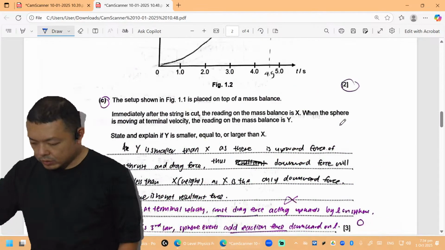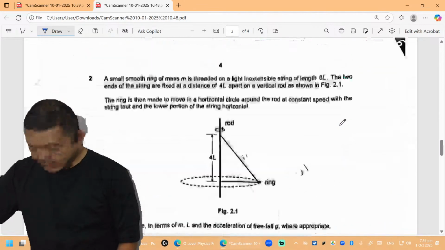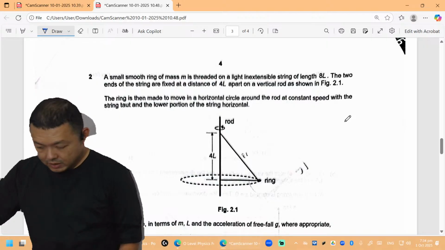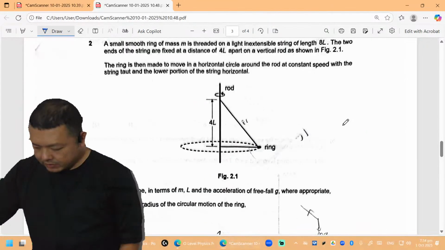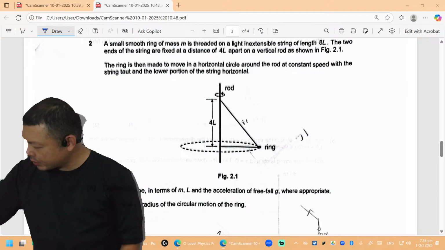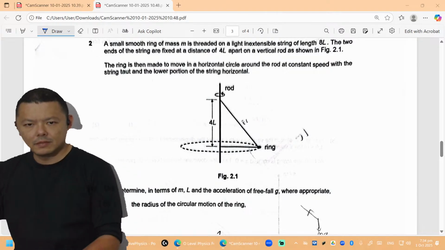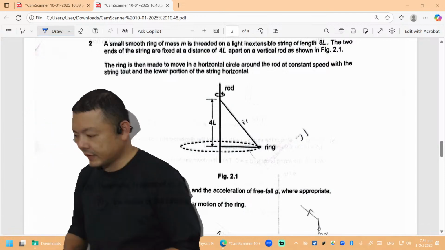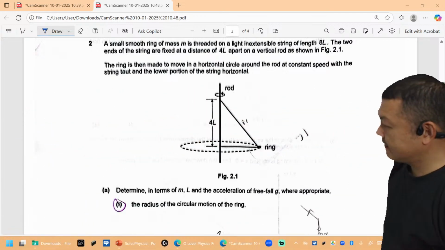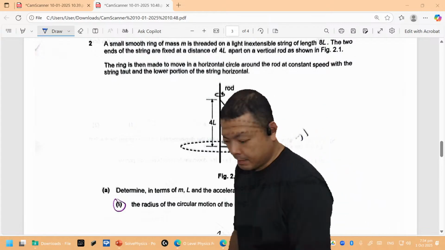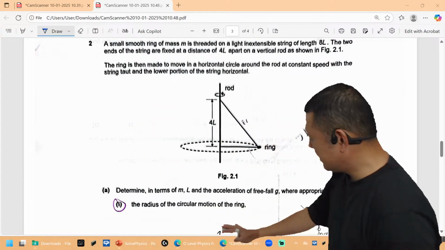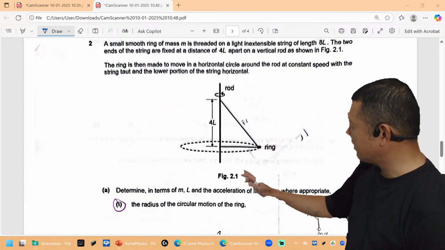Question 2. Next page, this one here. Sorry, what's the actual question you have here? Part I. What's the radius of the circular motion of the ring?